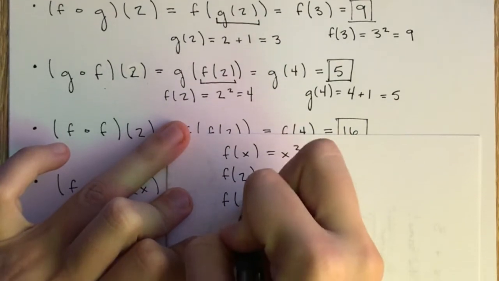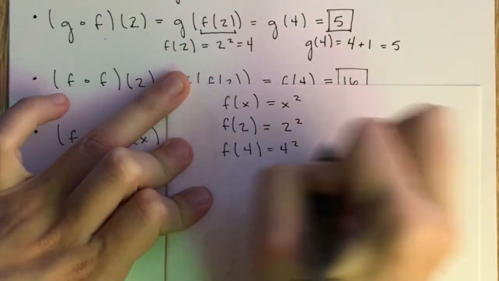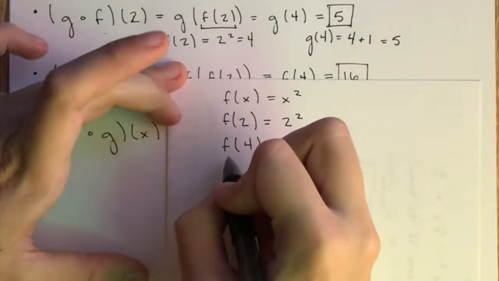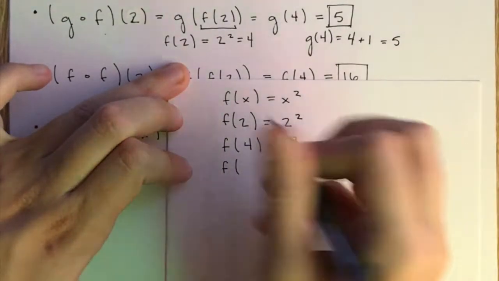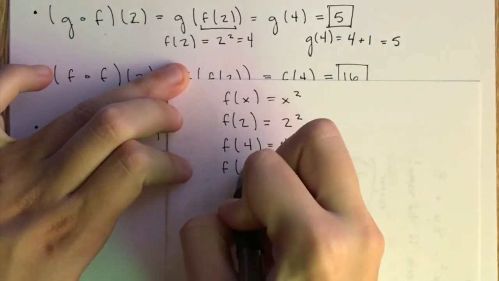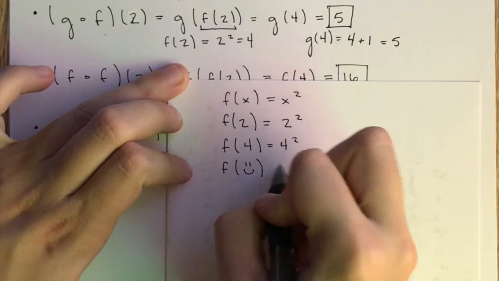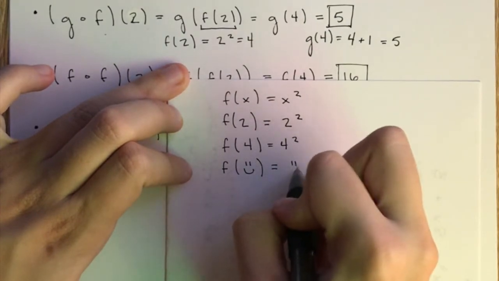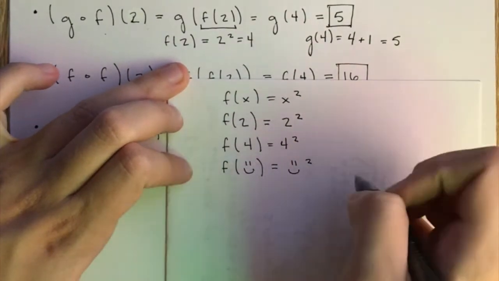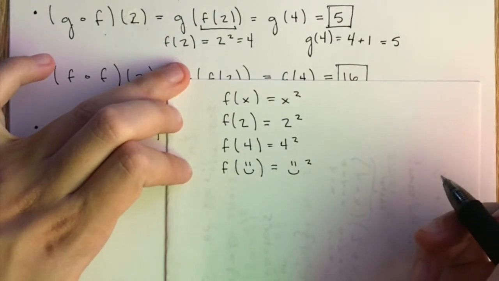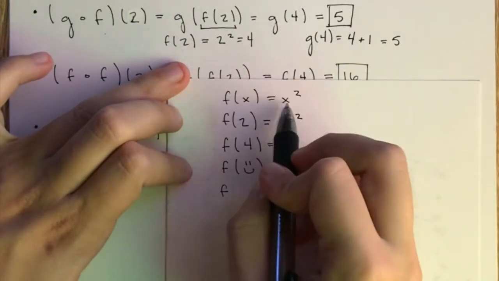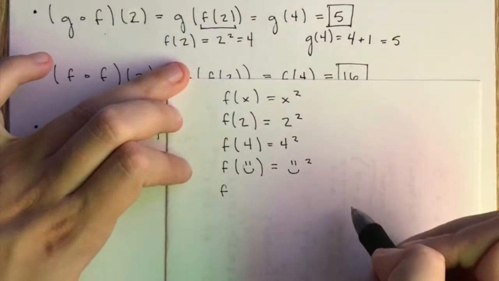F of 4 is just 4 squared. F of, for instance, smiley face is smiley face squared. That doesn't really mean much, but we just replace x with whatever's inside.